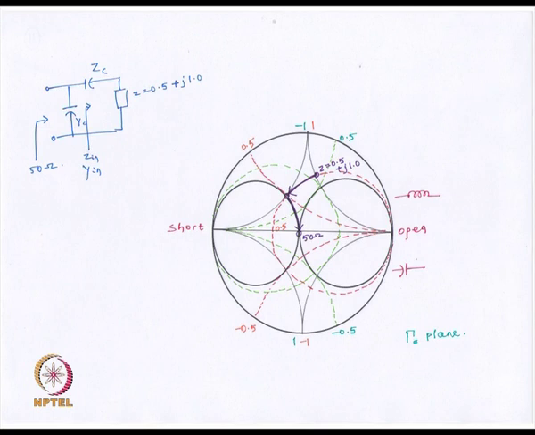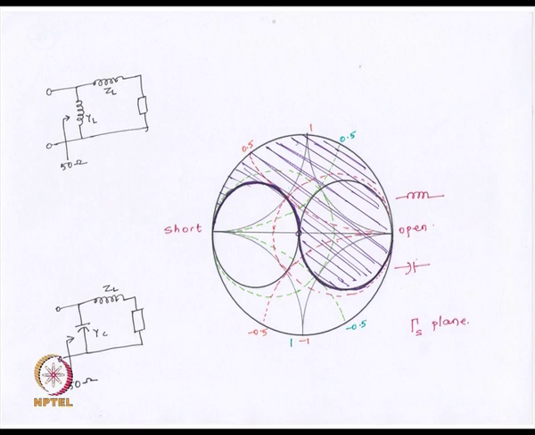And then here we go from -1 susceptance to 0 susceptance. So, we need around 1 of capacitive susceptance to be present in shunt.